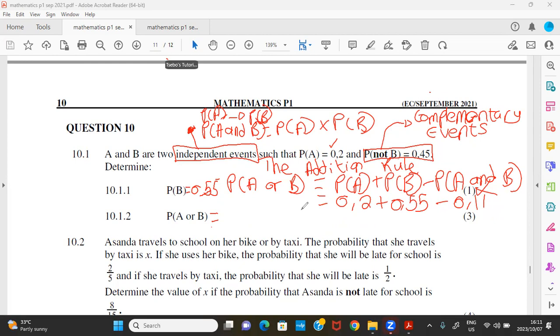What do we get? I think it's 0.64, right? Is that what you guys are getting? So that's going to be 0.74.